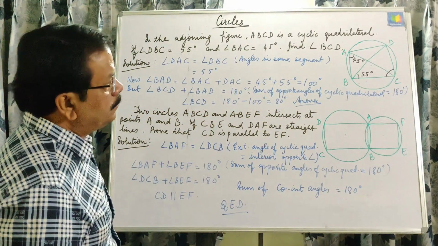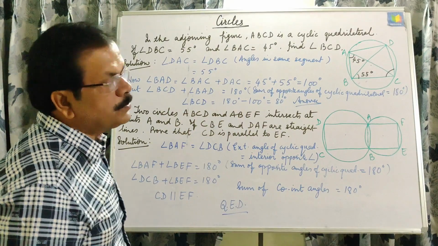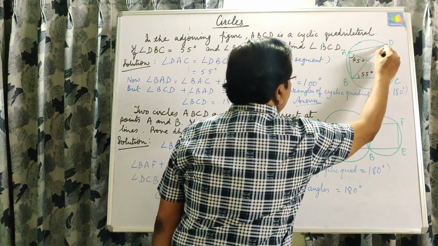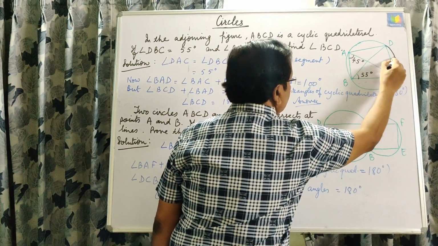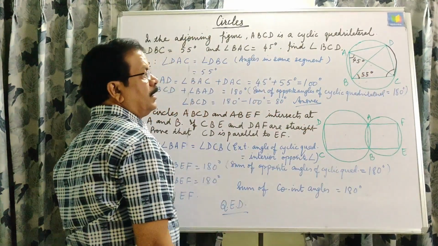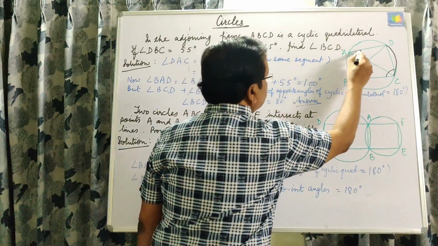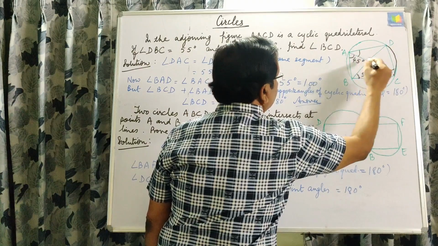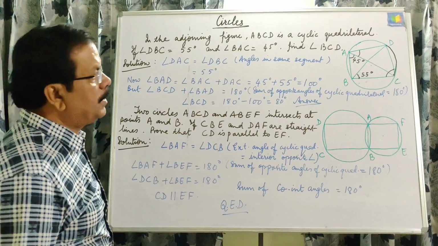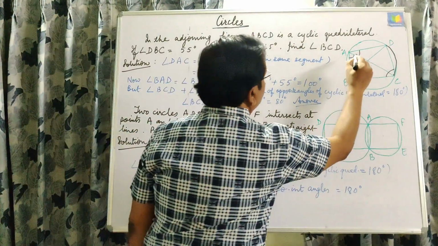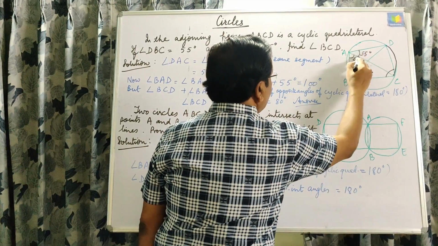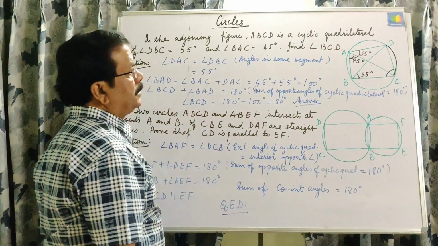Okay, now again we can use angle properties. If we select this arc, it is making angle 55 degrees at point B, and the same arc is making angle DAC at point A, and that is why, angles in the same segment, this is also 55 degrees, and that is why this angle will be 100 degrees.